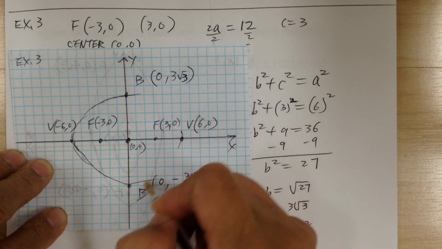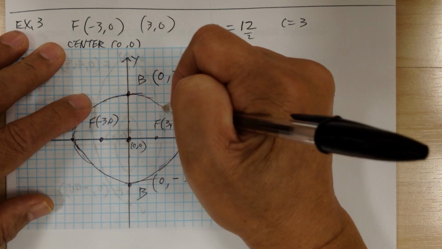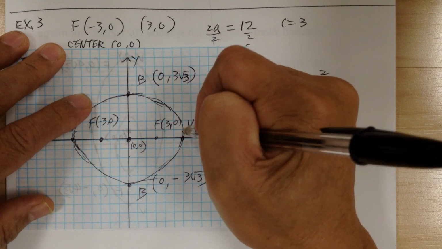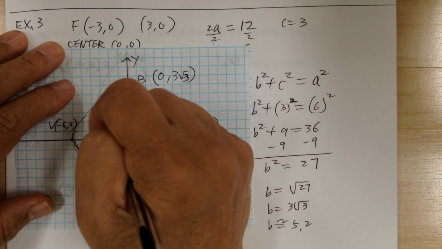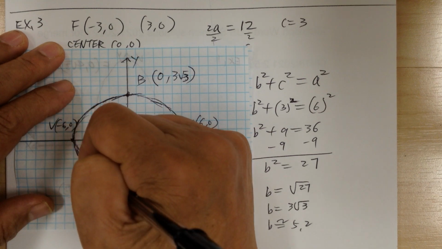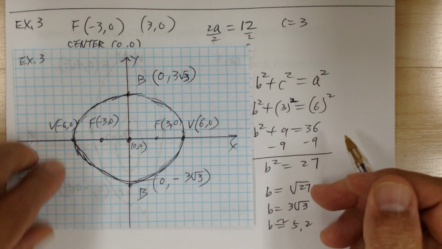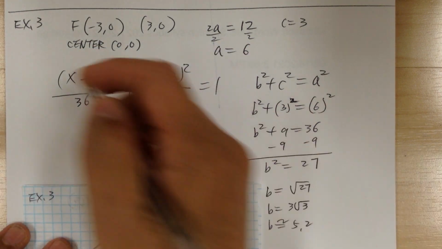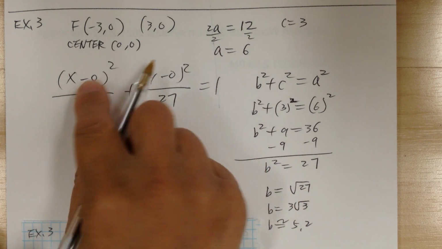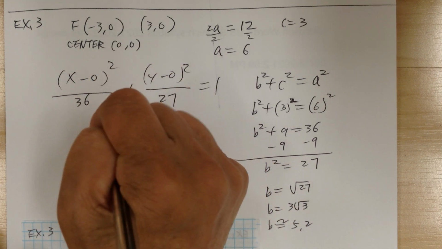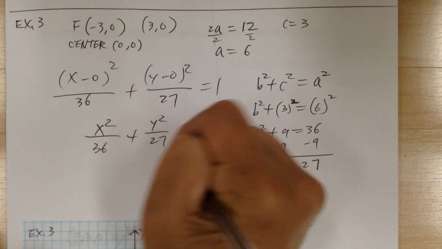When you sketch, you might want to use a pencil first, and once you get a nice shape, you can trace it over with your pen. Once you do that, you want to get rid of the 0. x minus 0 is still x, right? So you got x squared over 36 plus y squared over 27 equals 1.